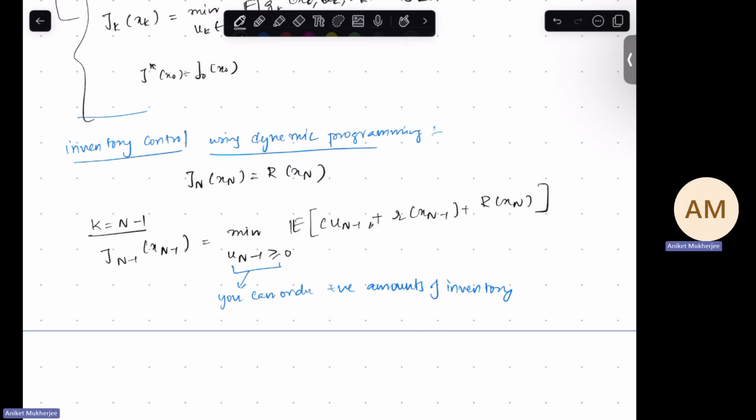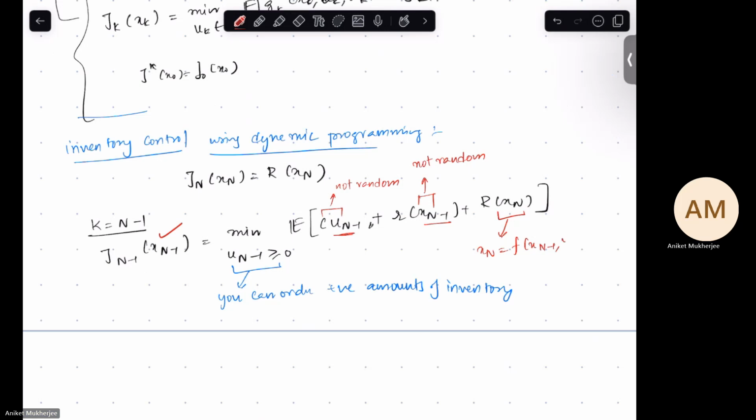Right. From here, the observation that you make is this is not random, because this is a function of xn-1 and you know xn-1, and un-1 is the decision that you're taking, so it's not random. But there is randomness here because of dynamics, because xn equal to a function of xn-1, un-1, wn-1, and this wn-1 is random.